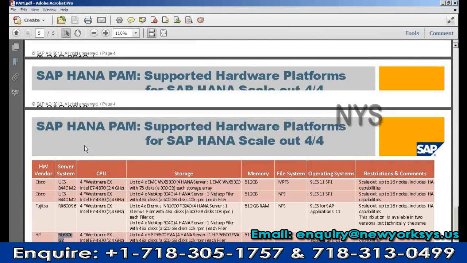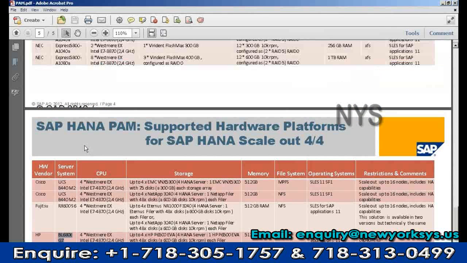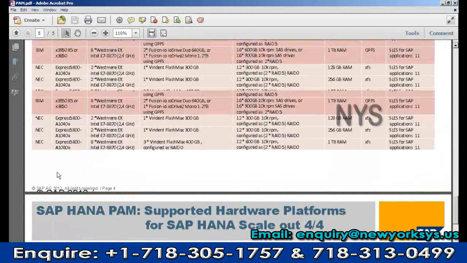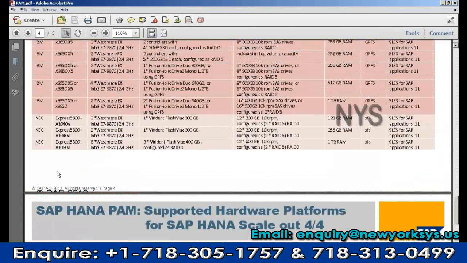But generally, what would be cheaper is an assembly or a design from scratch. What customers tend to do is they go to the white box designers. They go to the very core level of design and get their HANA box built specifically for them.